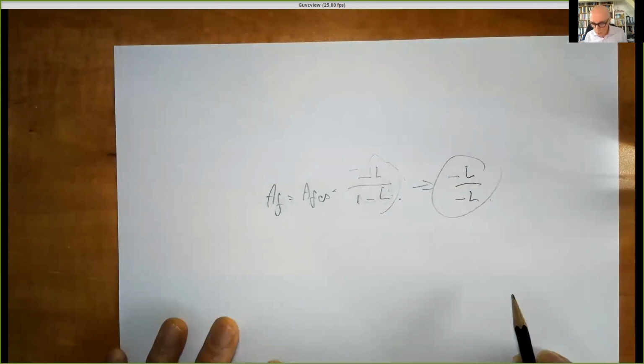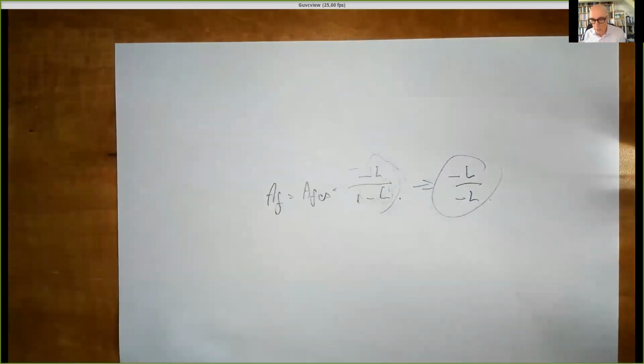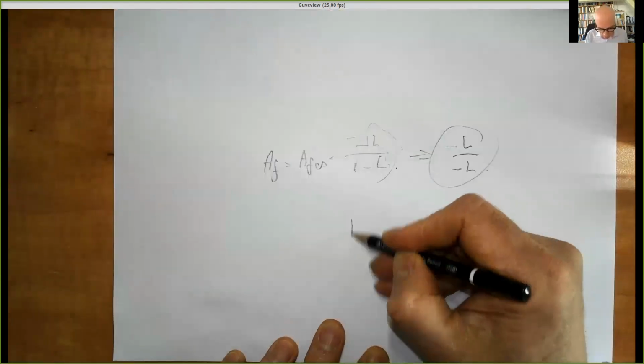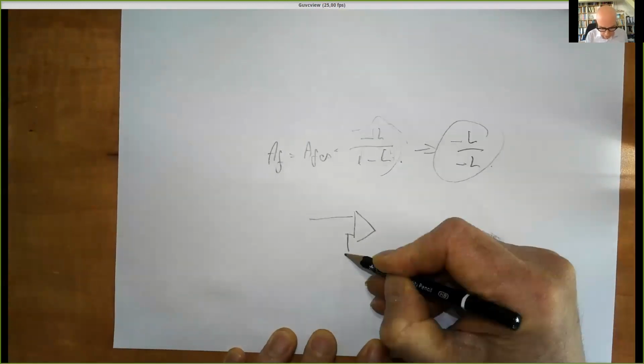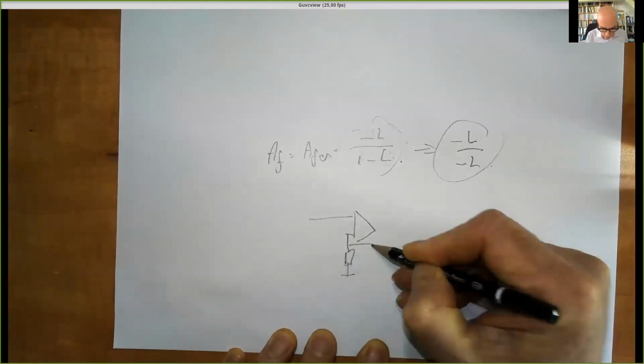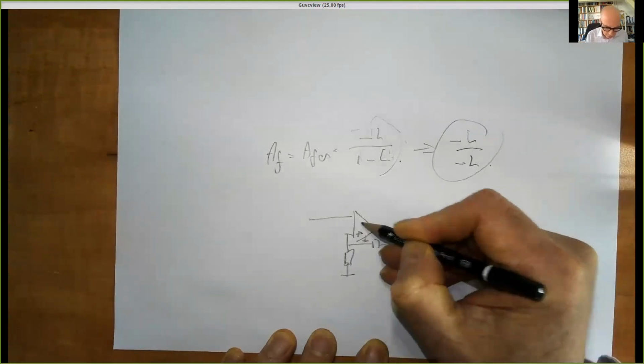So now maybe you think that because the amplifier is unstable, something happens with the sign. But let's just make an example of a voltage amplifier and do positive feedback.